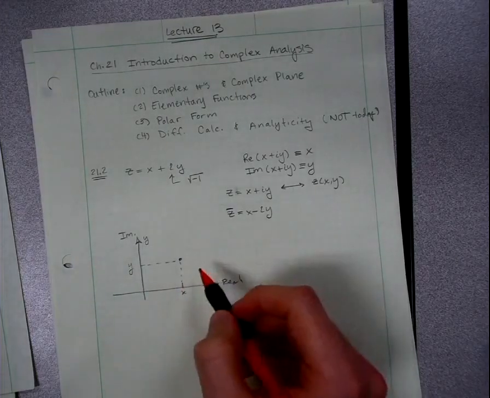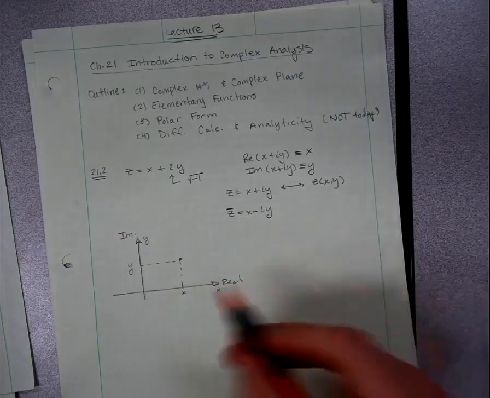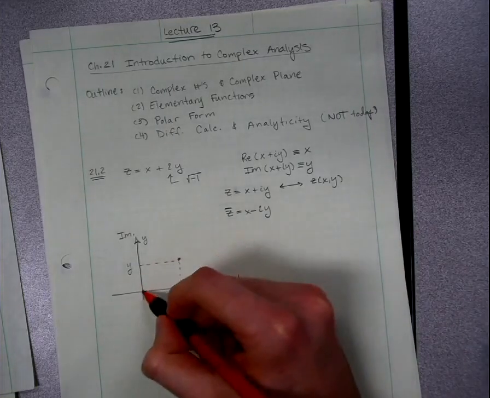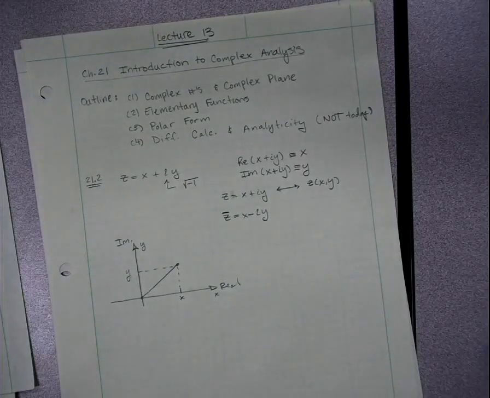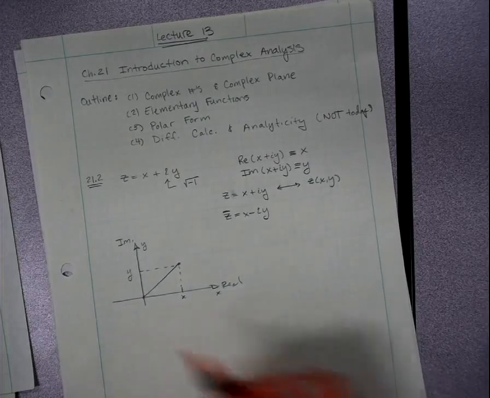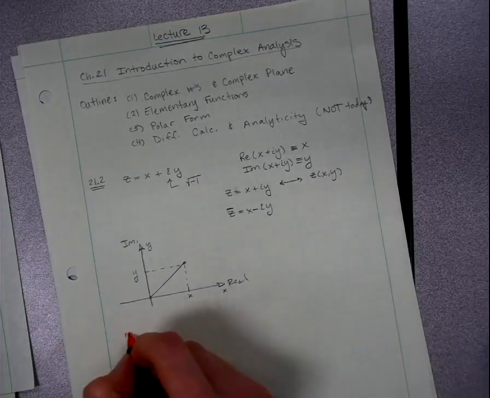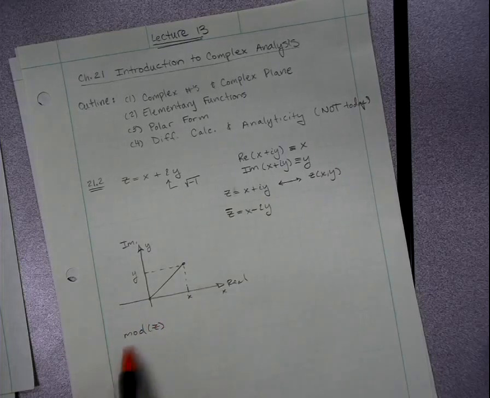So whenever we want to find the magnitude of basically like a vector starting from the origin to the point, what we're going to do is basically the same way, and it's called the modulus. Mod of z, that's how it's denoted.